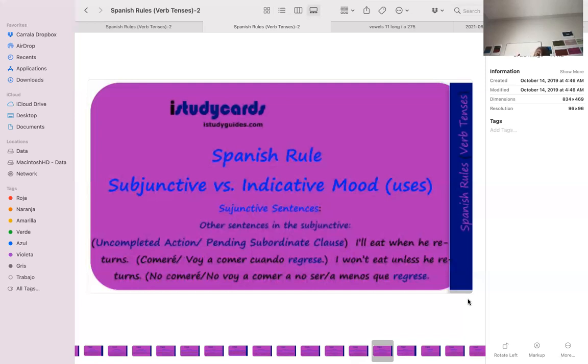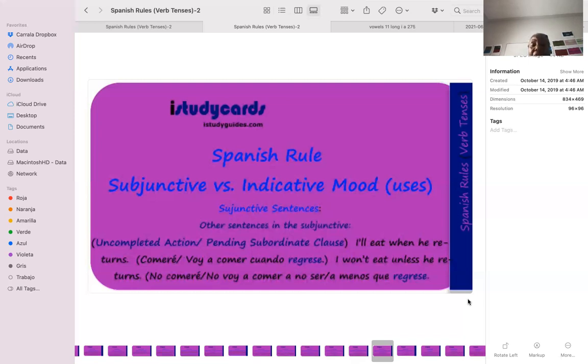When you see the ER verb with an AR ending, such as the verb comer, and you see it comas, it's either the subjunctive or it's a command. Now you have to see the sentence, but it's visible to you.